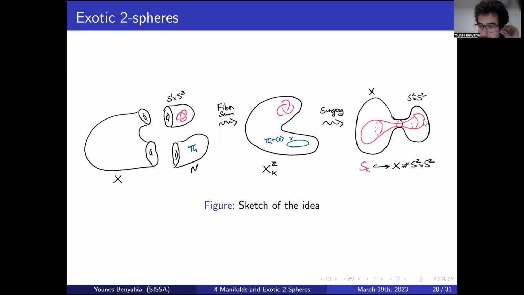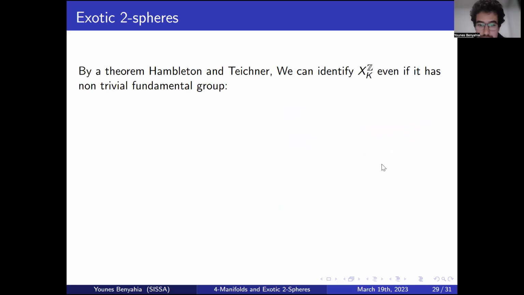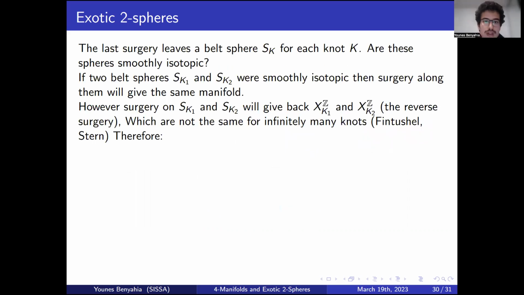But what remains to you is the belt sphere. We said that the belt sphere remembers the previous manifold. So call this belt sphere Sk. If you do surgery along it, you will get back your manifold. So as we said, the last surgery leaves a belt sphere Sk for each knot K. And one can ask the question: are these spheres smoothly isotopic?